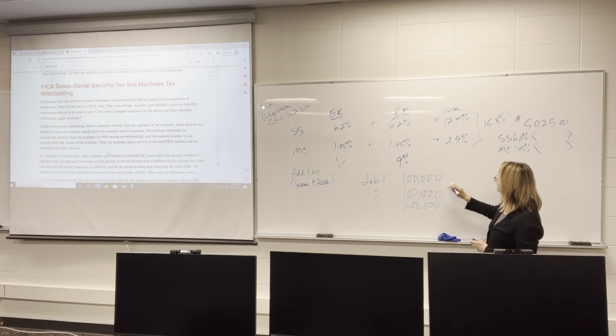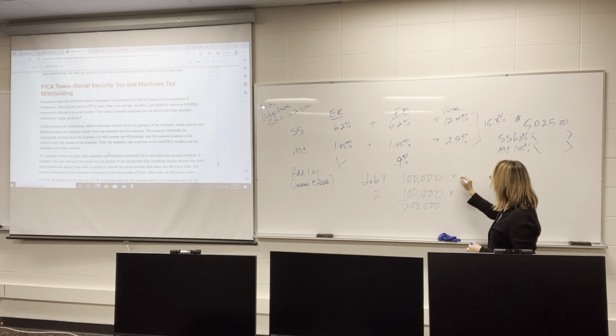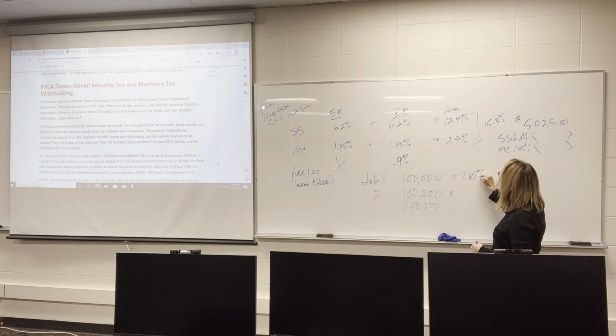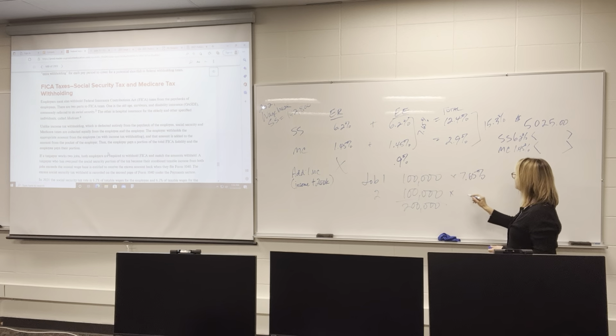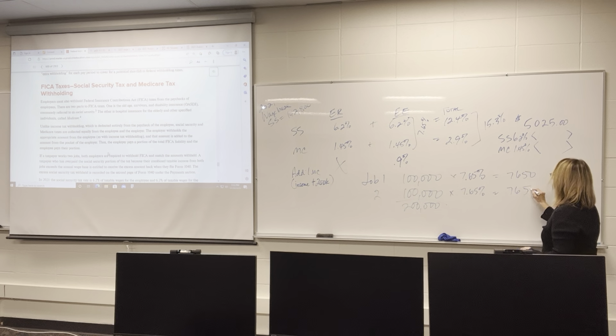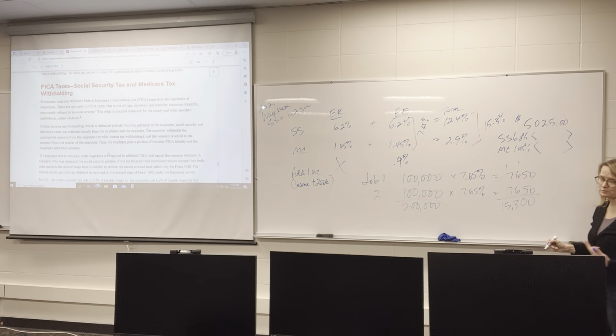So to illustrate, this employer, 7.65%, this is 7.65%. That's where that comes from. 7.65%. So 7,650, 7,650. So 15,300 was withheld.